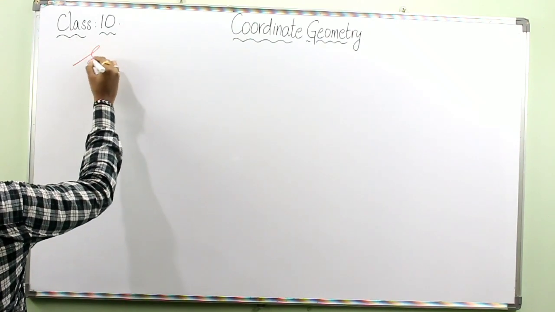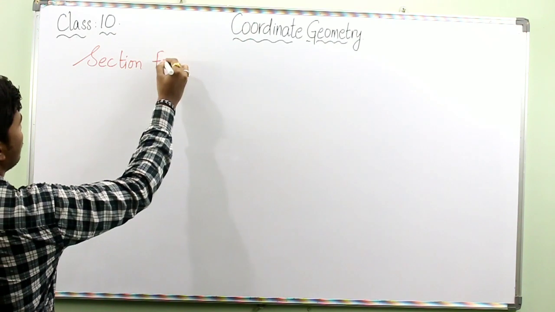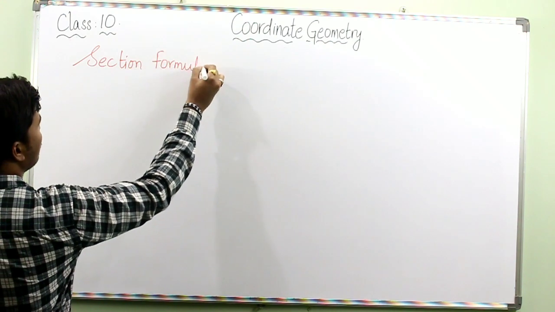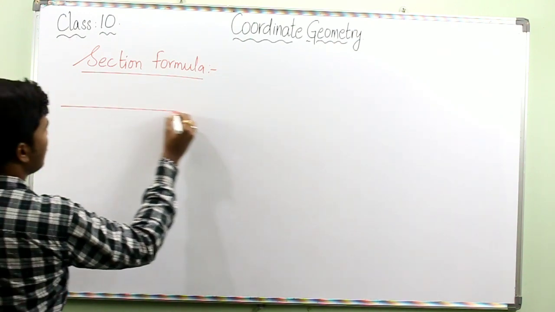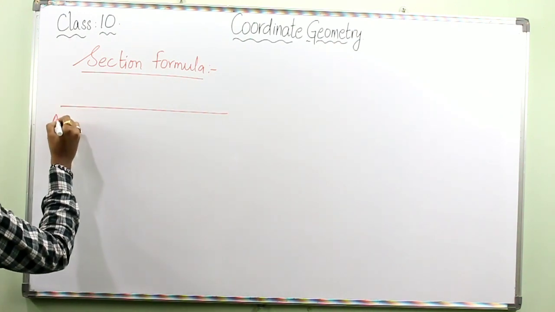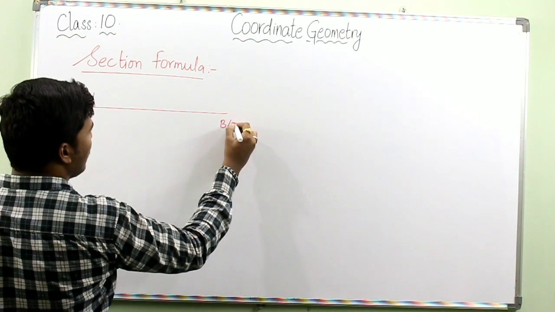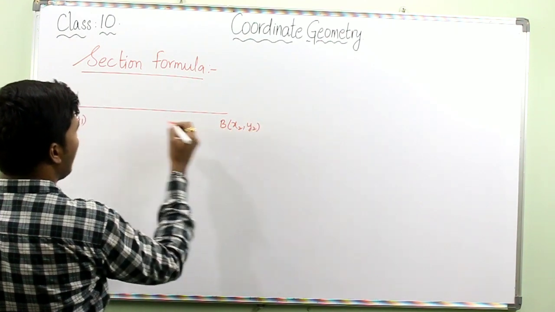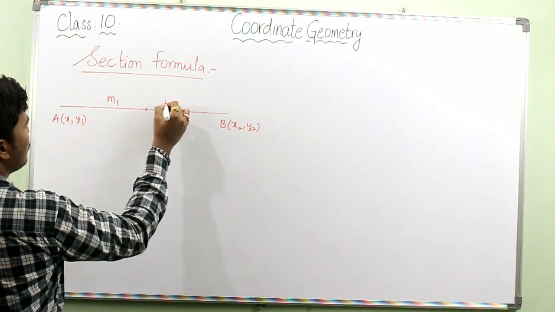Now let us discuss the section formula. Let us consider the line segment with A (x1, y1) and B (x2, y2), and this is getting divided in the ratio m1 is to m2.